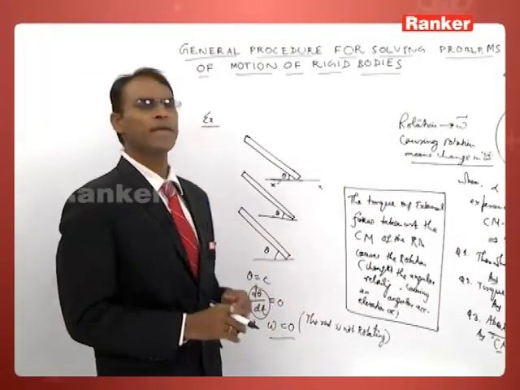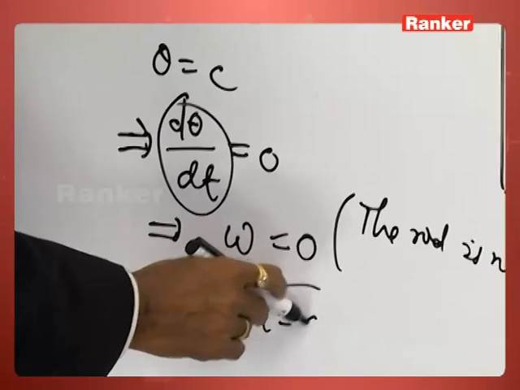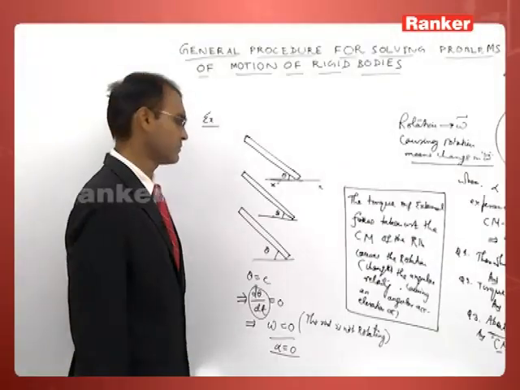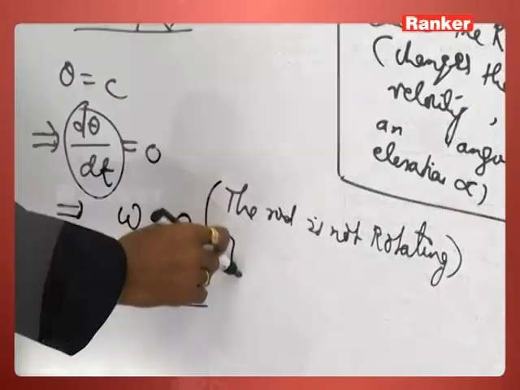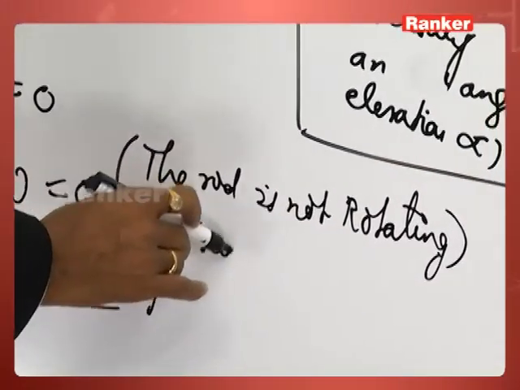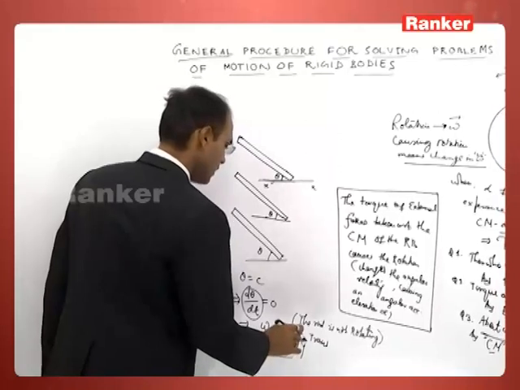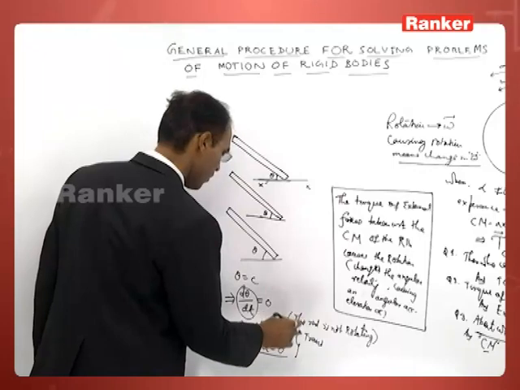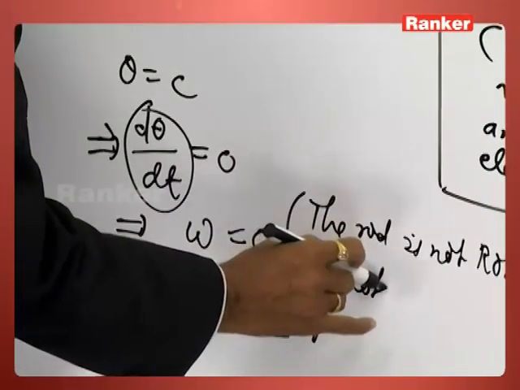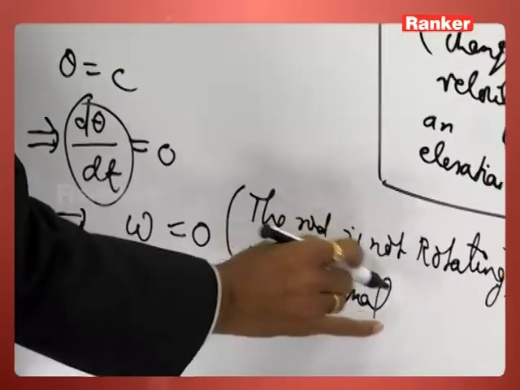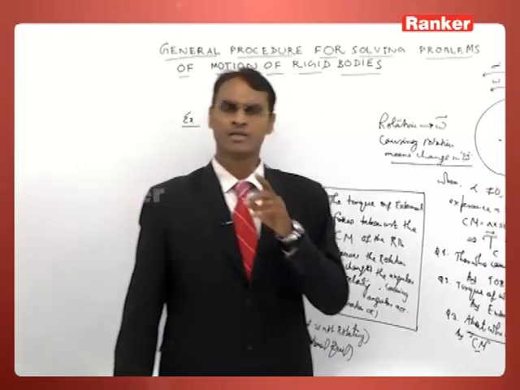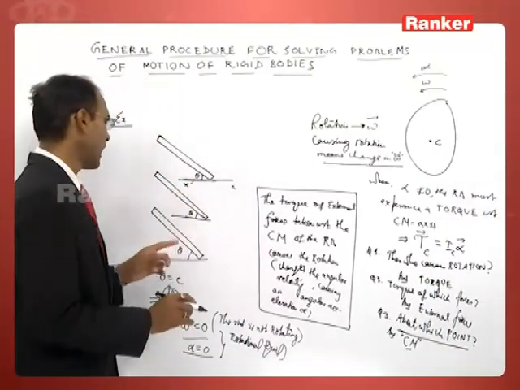When the rod is not rotating, alpha is 0. Omega of the rod is 0. Alpha of the rod is 0. This is called rotational equilibrium.